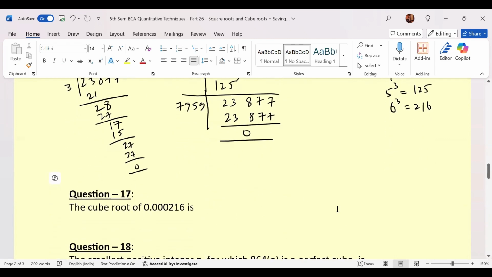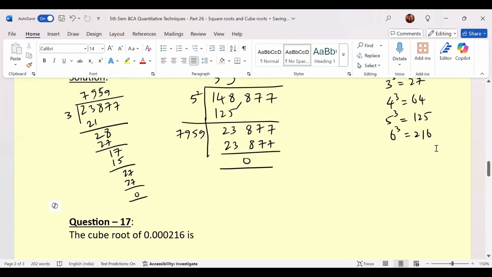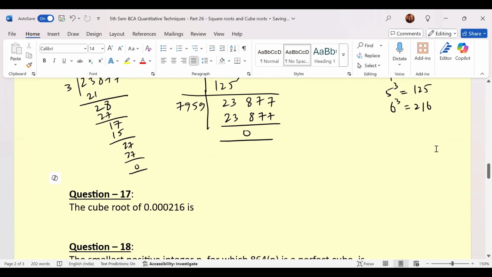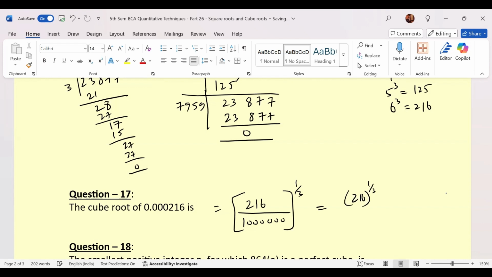What is the cube root of 0.000216? We had noticed here 6 cube is 216. So we can rewrite this as 216 divided by 6 zeros, means 1, 2, 3, 4, 5, 6, to the power of 1 by 3. So the numerator will be 216 to the power of 1 by 3.